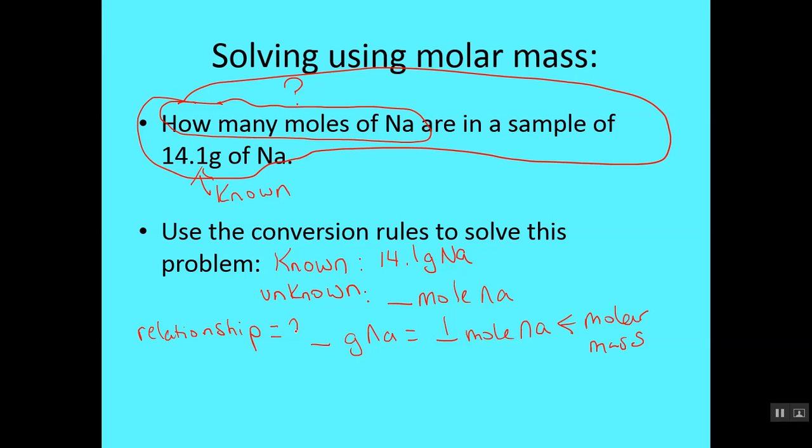Well, we look, we find it on the periodic table, and we see there's 22.99 grams of sodium. Alright, so we can now look at what our conversion factors are. Our conversion factors are either 1 mole of Na per 22.99 grams or 22.99 grams per 1 mole.